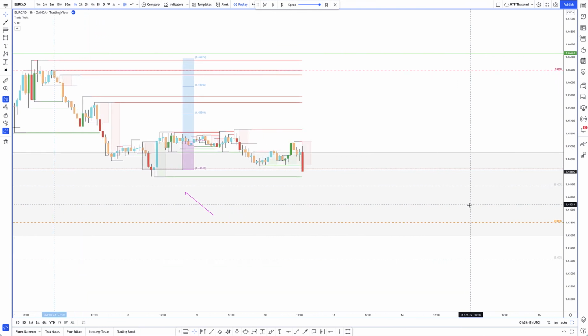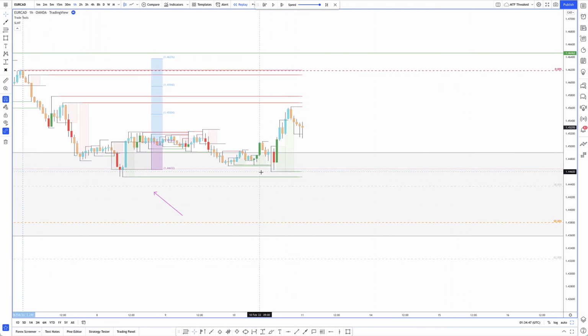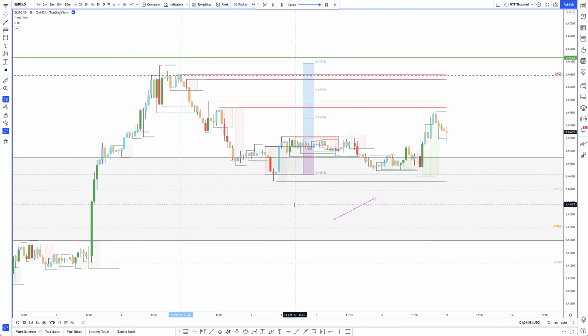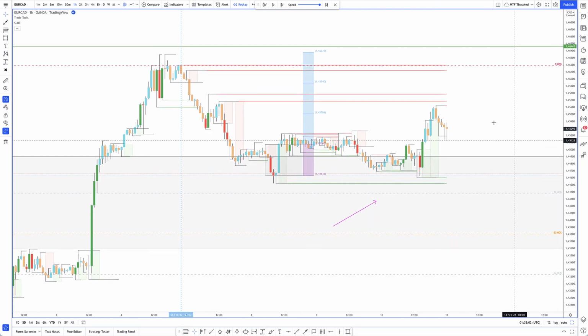When the price is in, and you can see we were taken out of our trade over here. When the price is in the premium, the sell pressure is much higher than the buy pressure in that area. Hence, it is extremely important that we don't take buy signals in premium and we don't take sell signals in discount.